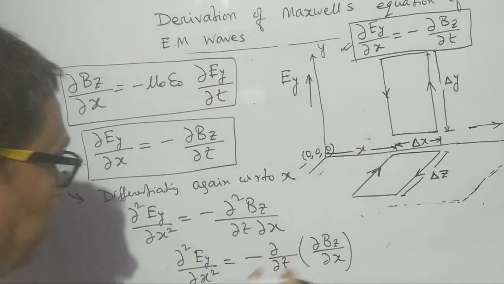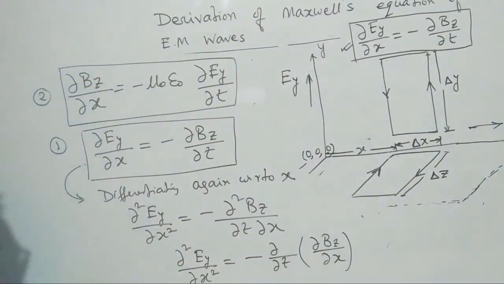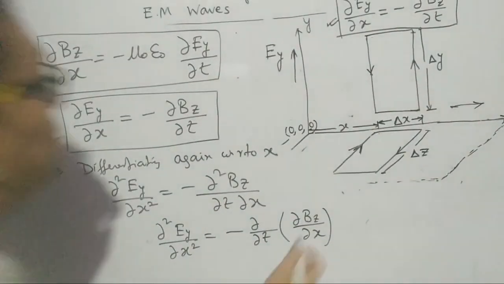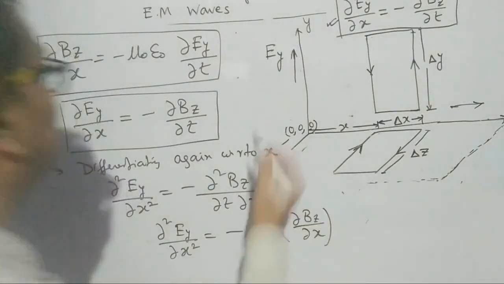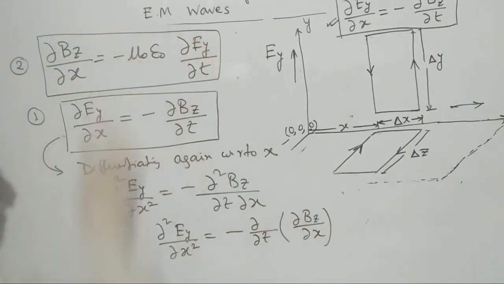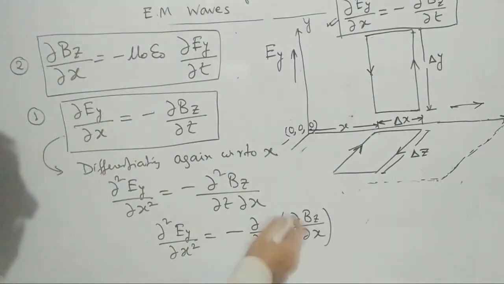So that's why we have taken this partial in this form. Okay. So now we want to change only this portion. So this portion has a value, this minus mu naught epsilon naught, this one. Okay. So putting the value of the second equation here, what you will get?